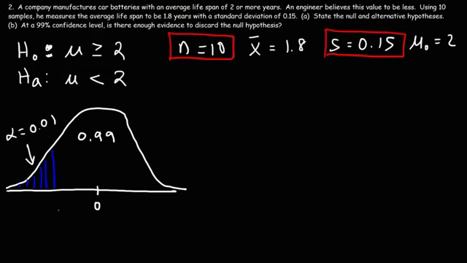But first, we need to determine the t-value that corresponds to our critical value. So we need to go to the student's t-distribution table.